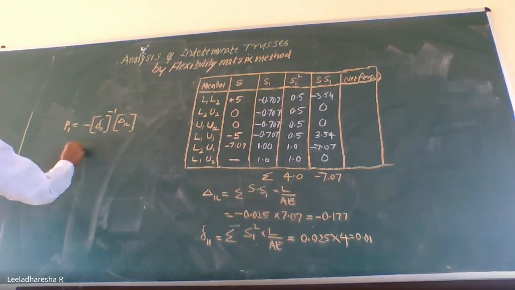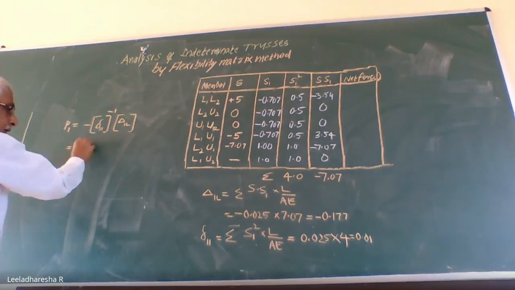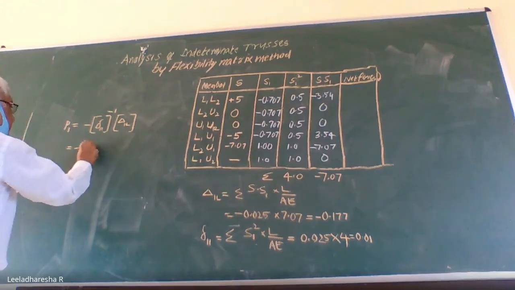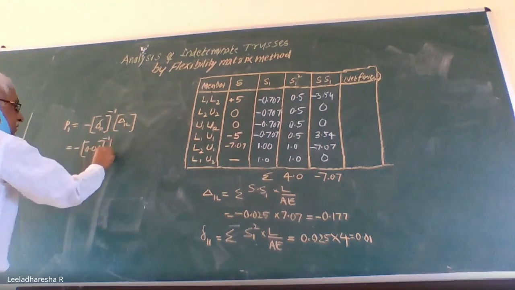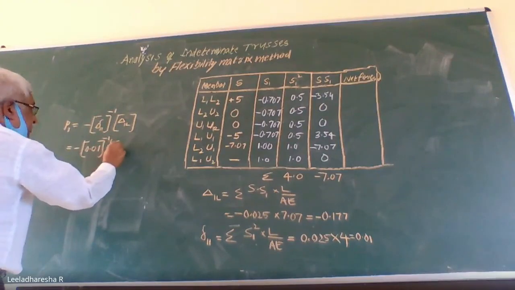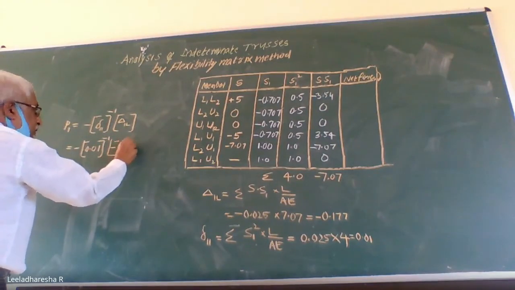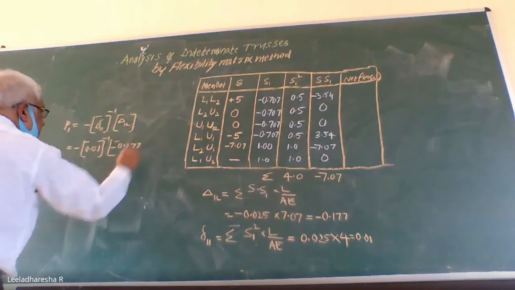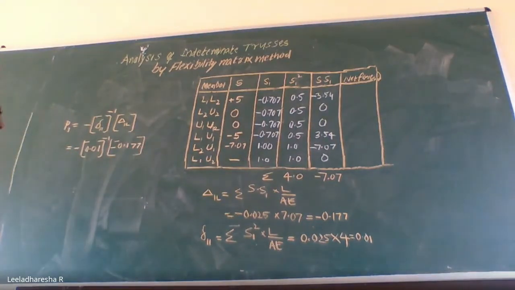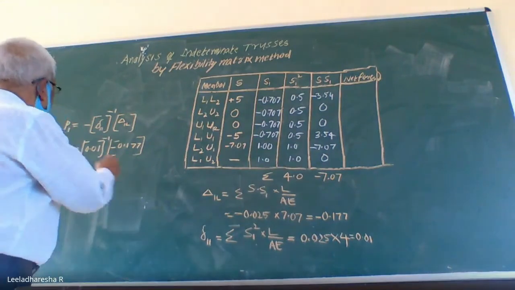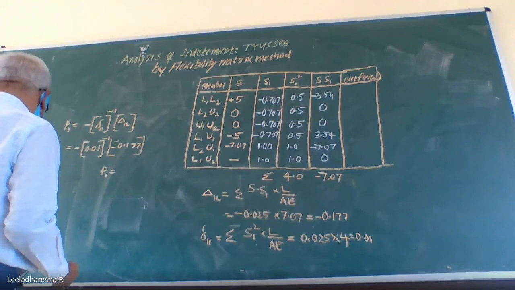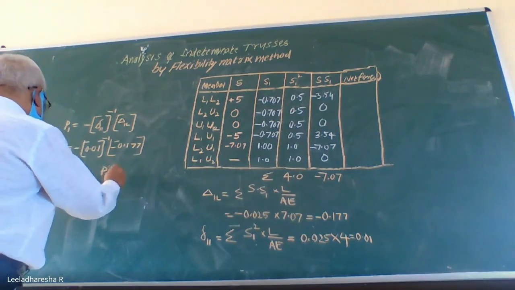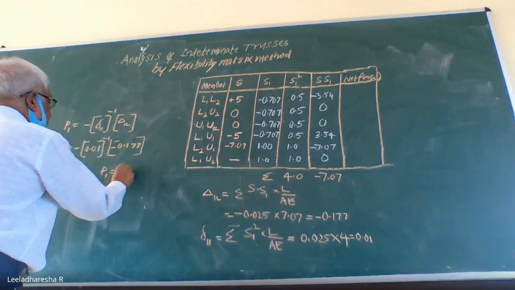So this is equal to minus 0.1 inverse, and delta 1L we got as minus 0.177. If you use the calculator for analyzing the matrix, then you get the value of P1 as equal to 1.77.